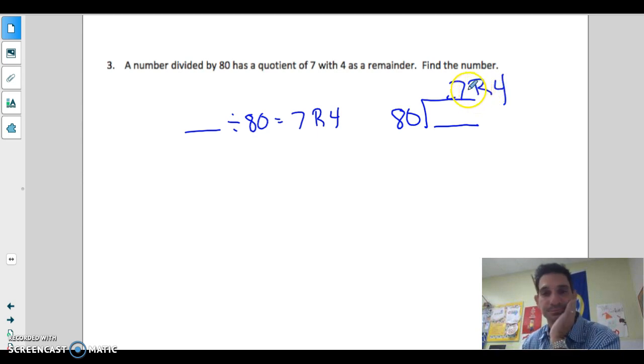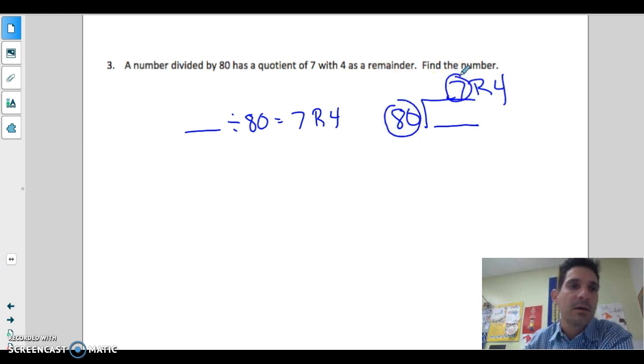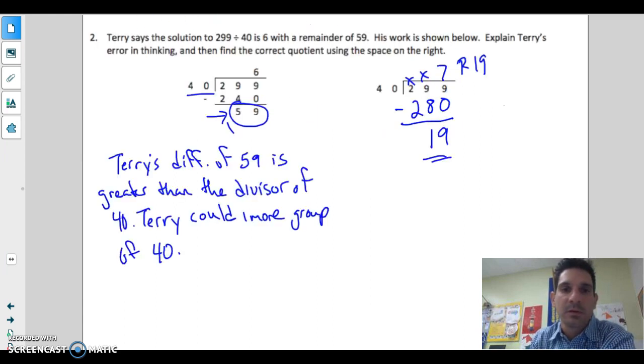Now, when we go back to the first couple we were doing, to check we use multiplication, because multiplication is the inverse of division. If we're going to divide, it's multiplying. They go hand in hand. So let's think about this. I'm going to go back to the first problems we were doing.